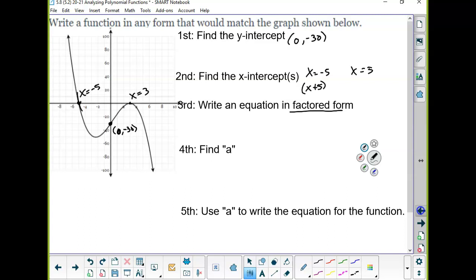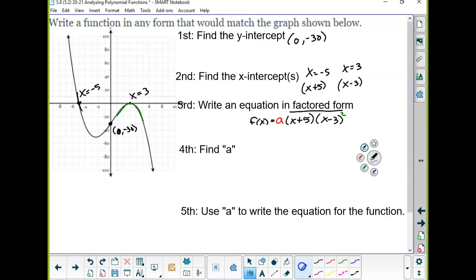So I just got to move the 5 over, and then I move the 3 over with subtraction. So f of x is equal to x plus 5, x minus 3. So there's the a value there. And at x equals 3, we have the multiplicity, so that one has to be squared.